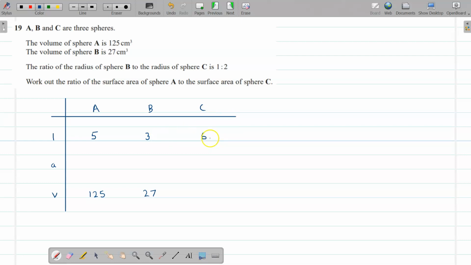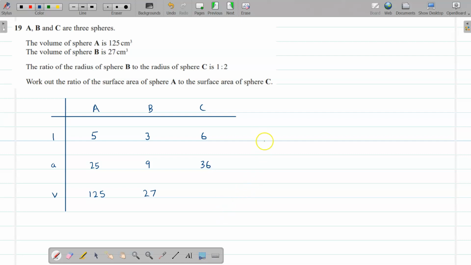Now, we're interested in the ratio of the surface area of sphere A to the surface area of sphere C. So we don't need to know what the surface area is, we just need the ratio of areas, any areas in those spheres. Well, if this is 5, this is 5 squared, which is 25. This one is 3 squared, which is 9. This one is 6 squared, which is 36.